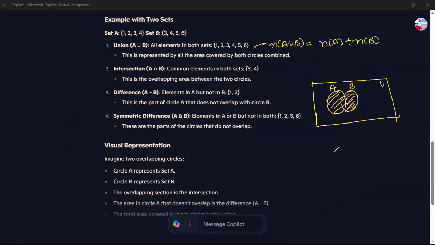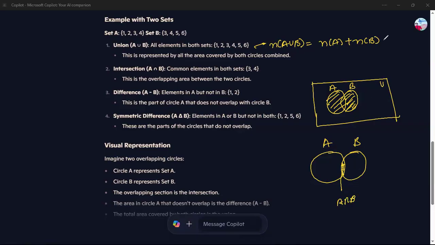But now, when there are two sets A and B, we have taken the whole circle once, and the other circle also once. But now we understand that this particular region is counted twice, right? Are you able to understand that this region, which is A intersection B, is counted twice? Yes, sir.